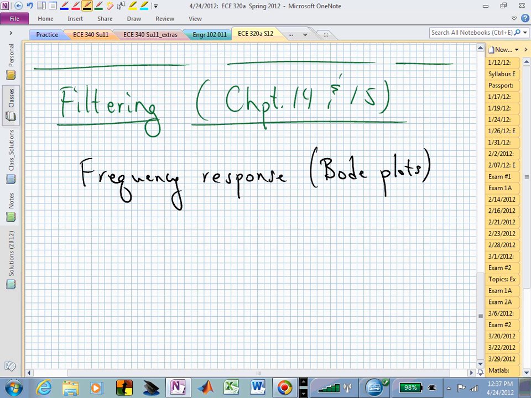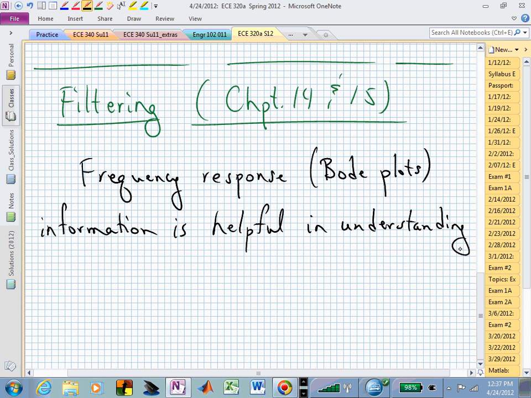This frequency response information, or the information that the Bode plot provides, is actually very helpful in helping us understand different filtering behavior, or different types of filters.